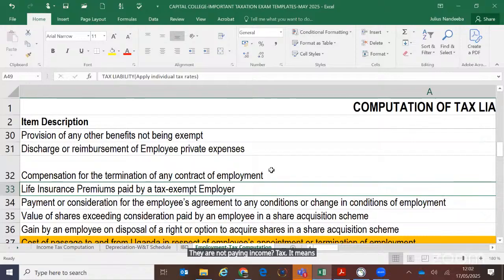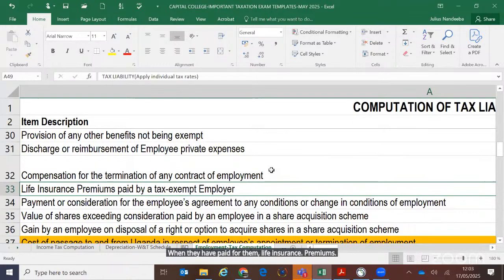It means when they pay for you life insurance premiums, we tax that benefit on you. But when the employer is tax paying, in other words, when it is a taxable entity, we exempt it in your hands. Do you get the difference? I repeat this. When they say the employer is tax exempt, it is the employee that suffers when they have paid for them life insurance premiums.